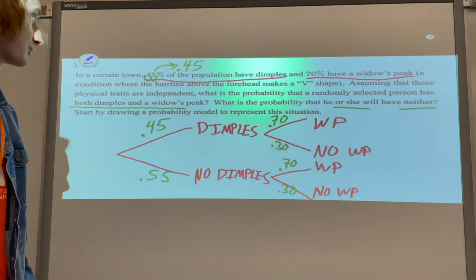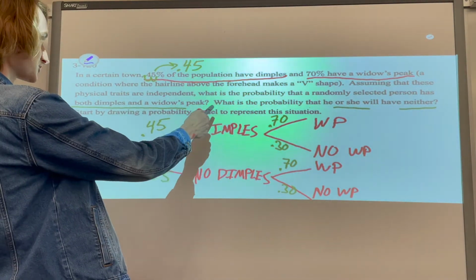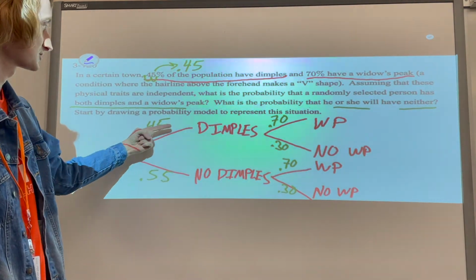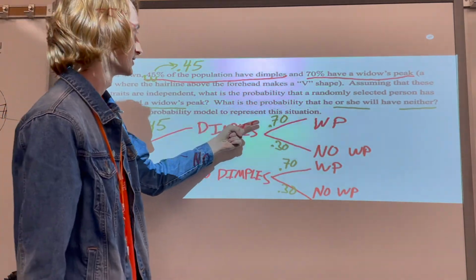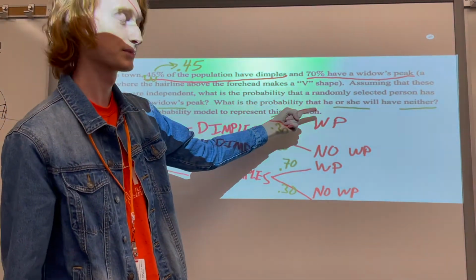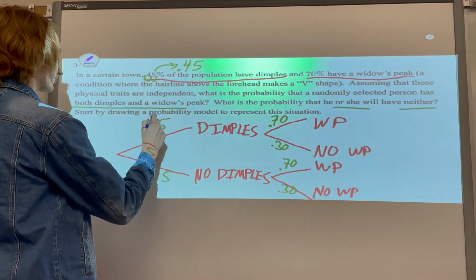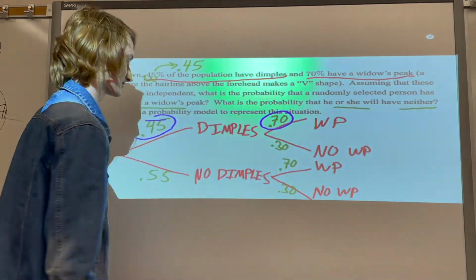But basically, we're going to see what we want first. So the first question was asking what's the probability they have both. So that would be yes, dimples, so I follow this branch. And then yes, widow's peak, so I follow this top branch again. So I'm going to multiply down the branch. That would be 0.45 times 0.70.